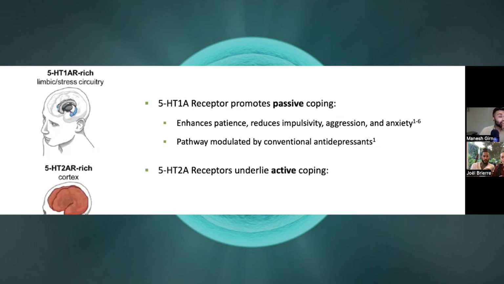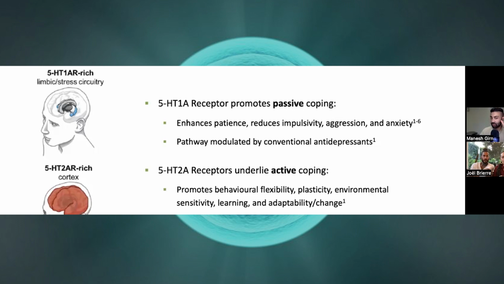Whereas serotonin 2A receptors are thought to underlie a more active way to deal with stressors in our life. There's research suggesting that it makes people more flexible in their behavior, increases the plasticity of their brain and behavior, makes them more sensitive to the environment they're in, and enhances their ability to learn and to adapt.